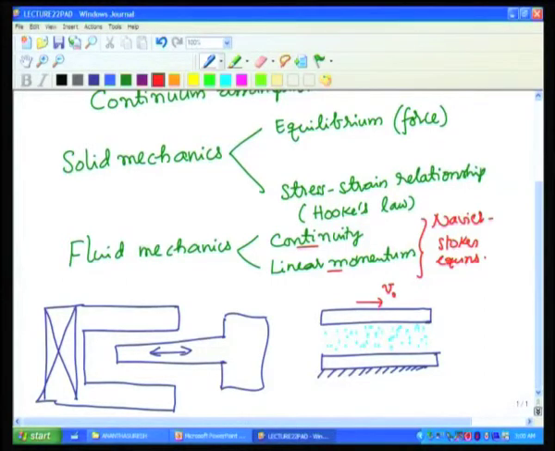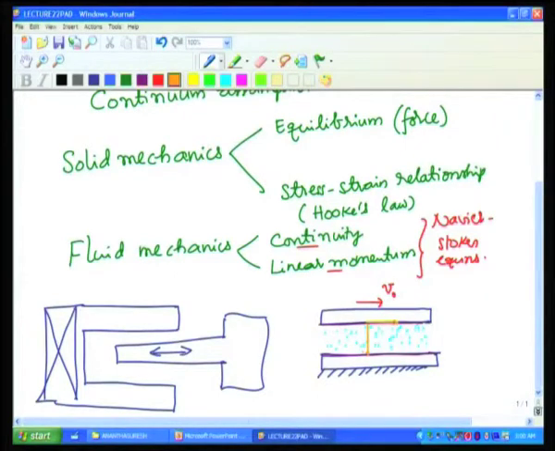When it comes to fluid, the fluid that is over here on this edge will not move because it is in touch with something that is fixed, whereas the fluid over this edge has to move with the same velocity v 0. So, we can show the velocity profile here, that is v 0, and this is 0.